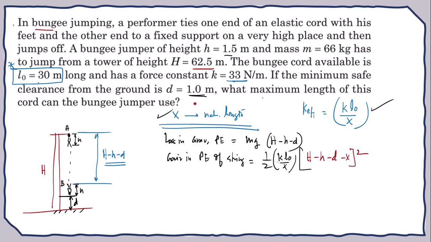Now if I simplify this, it becomes a quadratic in x. It gives 2mg into x divided by k L0, into capital H minus small h minus d, equal to capital H minus small h minus d minus x, whole square.